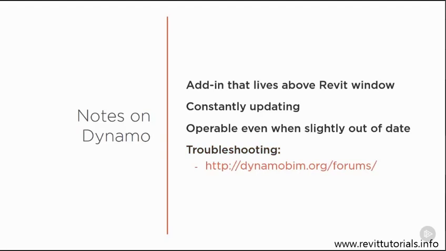All of these things can be addressed in the very active community that's present on dynamobim.org/forums. In the next video, we're going to discuss the very intricate differences and likenesses between static and parametric geometry.